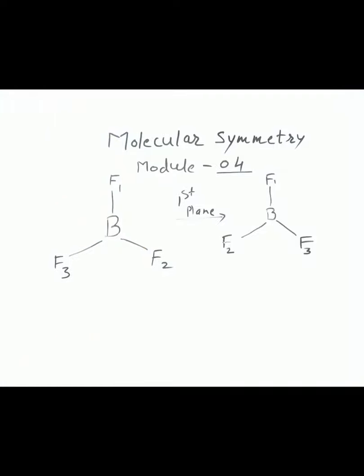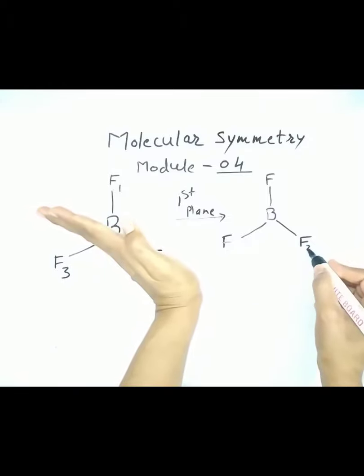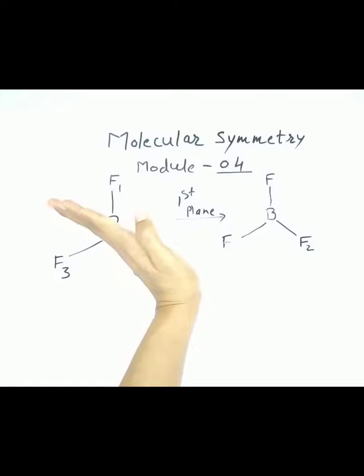If I pass the plane from F2 and boron, tell me what will be the position of fluorine atoms here. How am I passing the plane? From F2 and boron, which means this fluorine will remain F2 as it is.